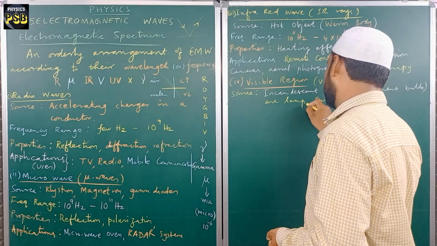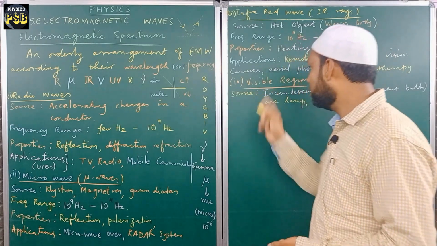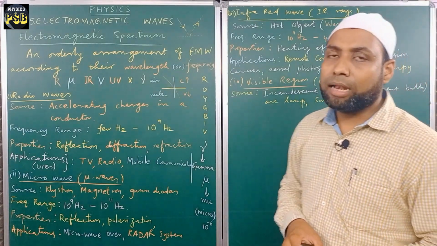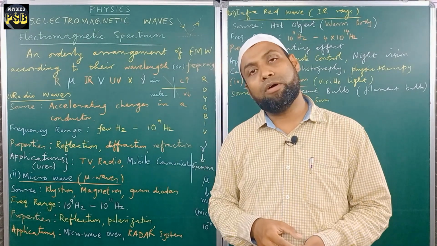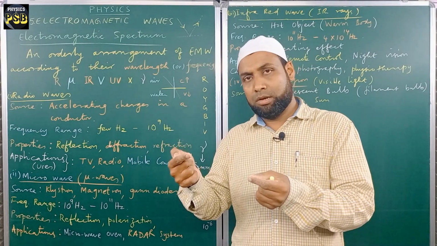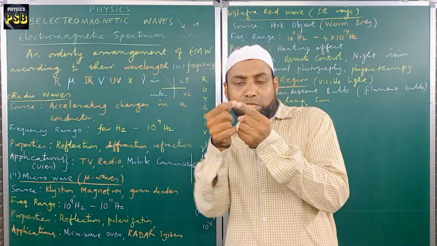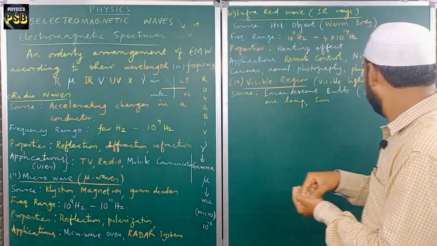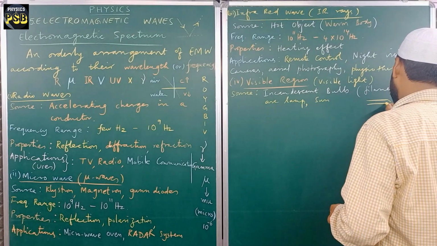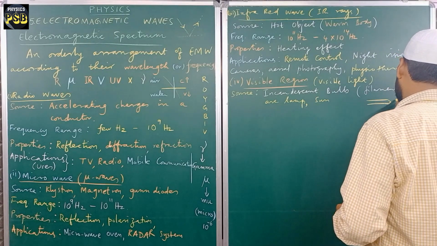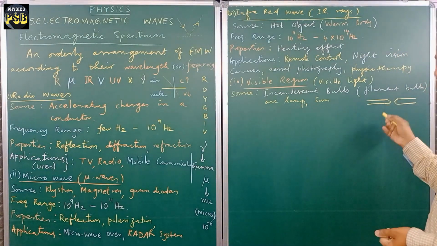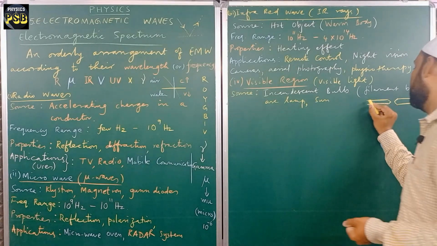I told you the sun is one of the sources of visible light. What is an arc lamp? You might have observed arc welding. They bring one electrode near another electrode. When this is done, a spark is produced. That spark appears something like this. It has two electrodes, which are usually made of some metal, or in some cases of carbon as well.